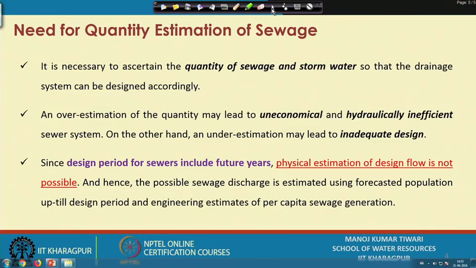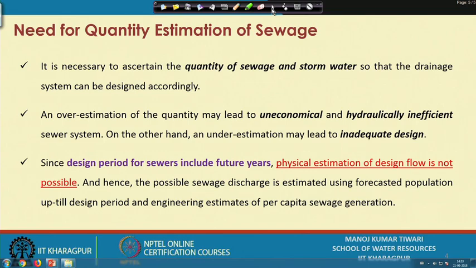So the head loss and all those things will change accordingly, and our sewer system may not be hydraulically efficient. In addition, it is going to be uneconomical as well, because if we design for a larger flow, our infrastructure will be of bigger sizes, our pump size needs to be higher, our pipe diameters will be larger.